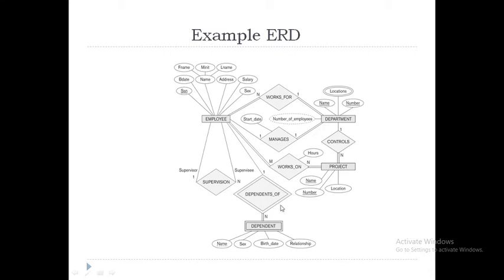Now in this example, dependent is the weak entity type. Okay, dependent is the weak entity type. When we map this to a relation, then we'll create a relation for dependent and it will include name, sex, birth date and relationship. And then what is the next step? We have to include the primary key of the owner entity type. So here which is the owner entity type? Employee is the owner entity type.